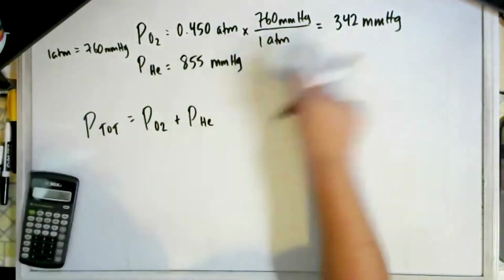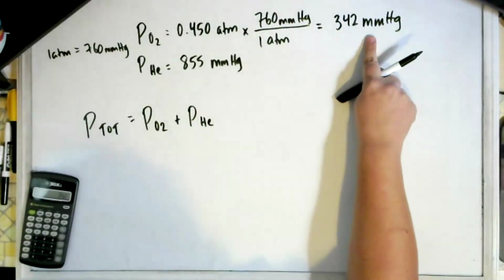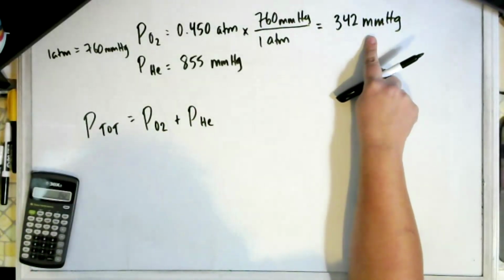All right, so that is oxygen's pressure, but written in units of millimeters of mercury instead.